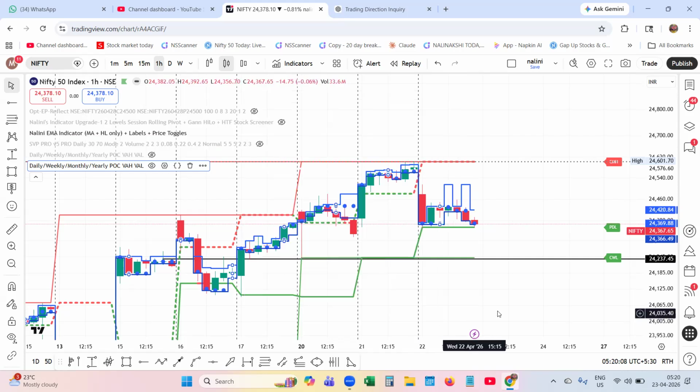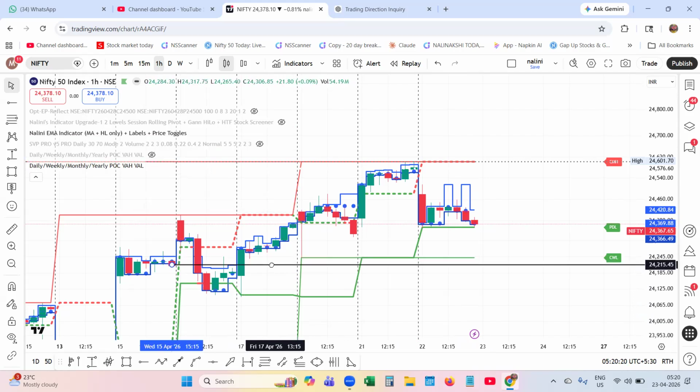If I put the daily POC, the value area high is here, that is around 24,225, and next day the market value area lows are here.